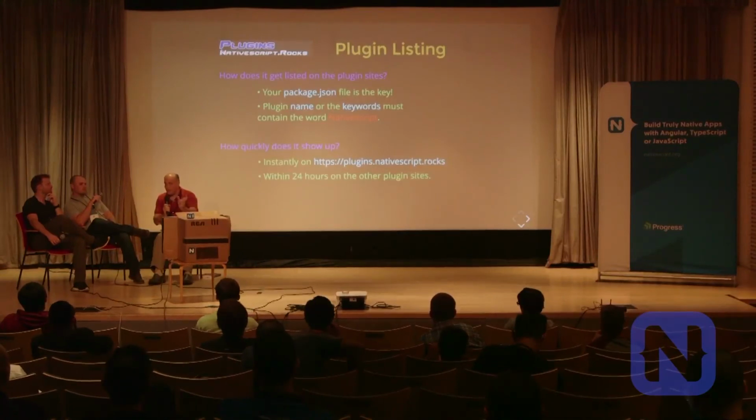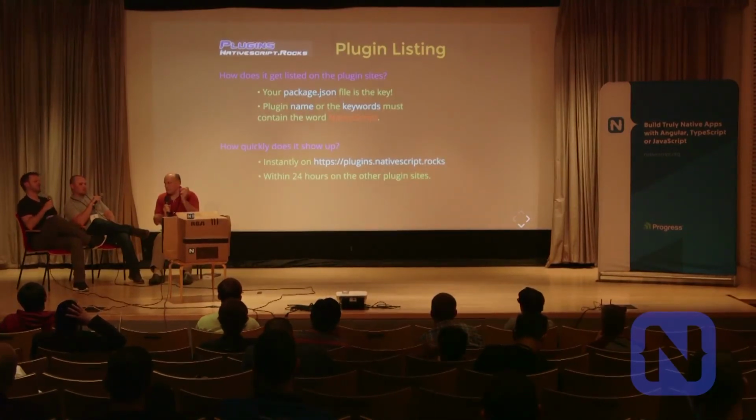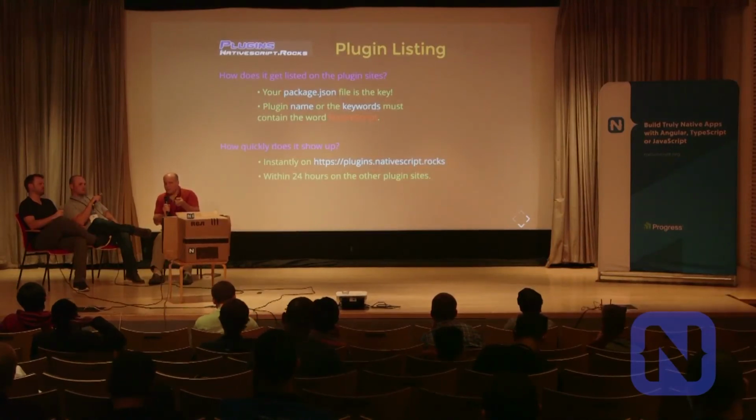You either add it in the name of it, like nativescript.wikitude in this case, or whatever the name of the plugin is. If you prefix it with NativeScript, it'll be picked up by all the plugin sites. Or if you're trying to not put the NativeScript branding in it for a particular reason for your own company, you can put it inside the keywords. If you have the keywords with NativeScript, the plugins will be picked up also.